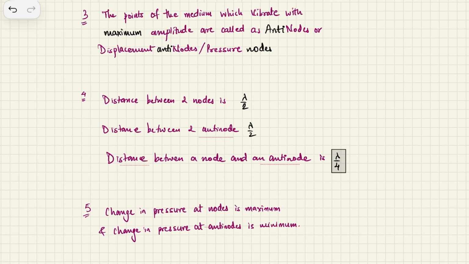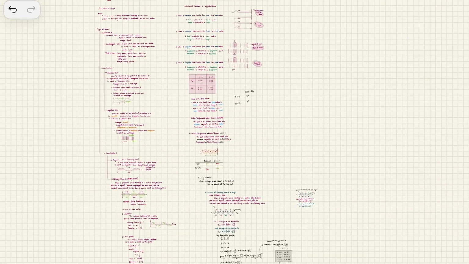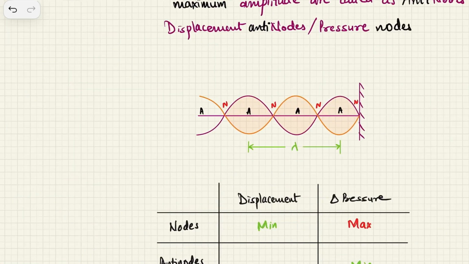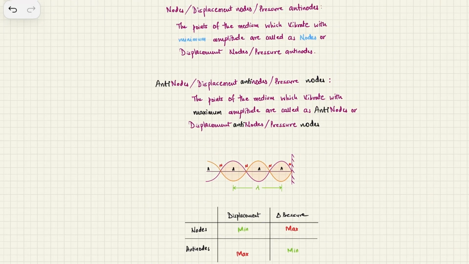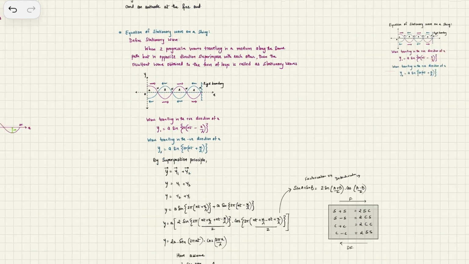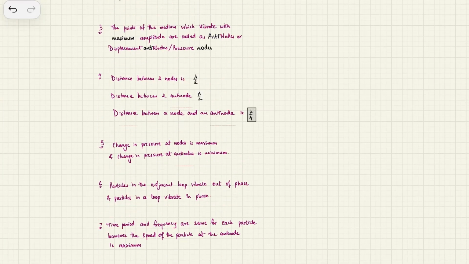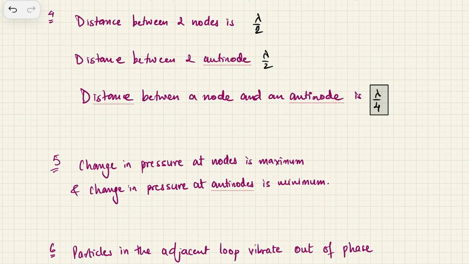Again, this point I have explained to you in much detail, showing you some diagrams. So these are the antinodes, and these are the nodes, points of the medium which vibrate with minimum amplitude, and we have discussed all this at some point. So you can just go to the playlist, search for yourself and you will find it.